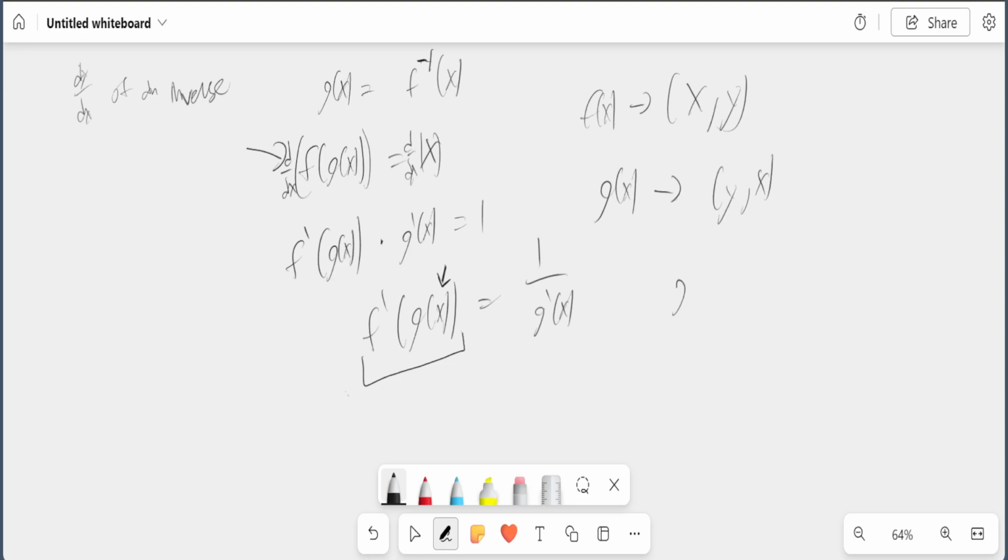So if you want to find g prime of x, that would actually be plugging into the y of the non-inverse, right?